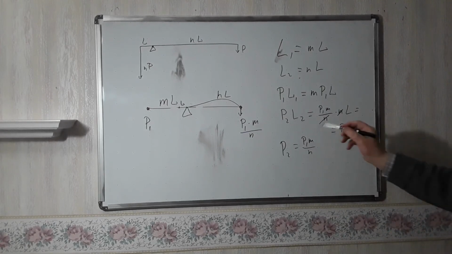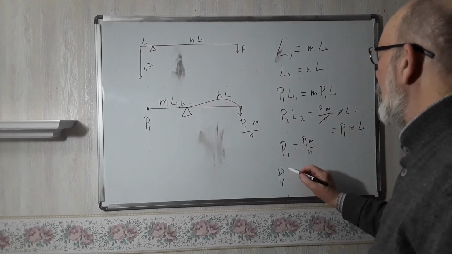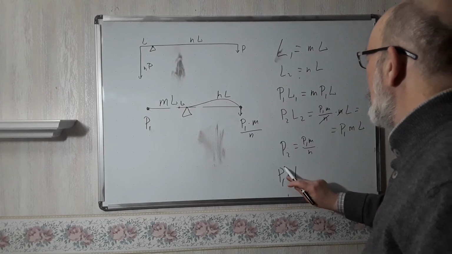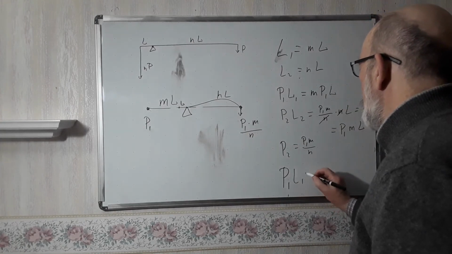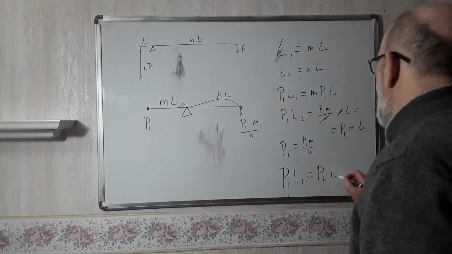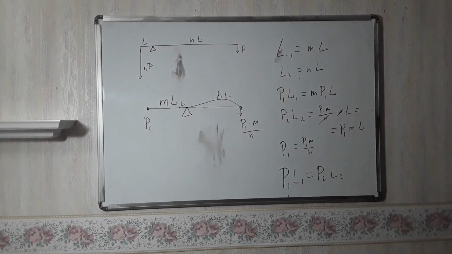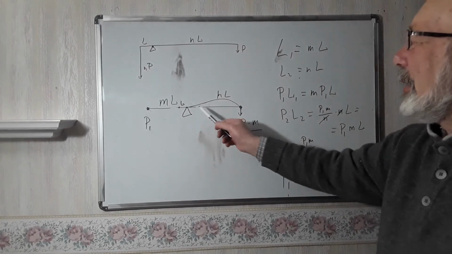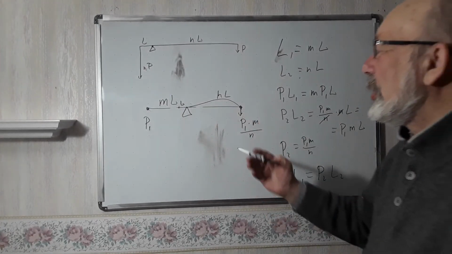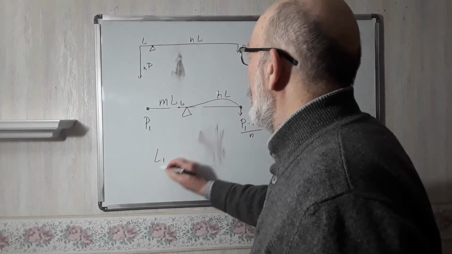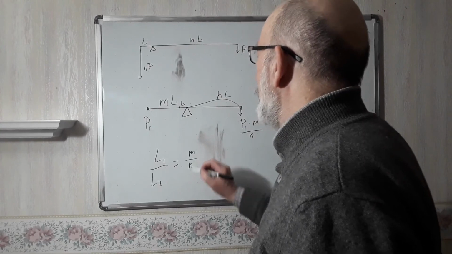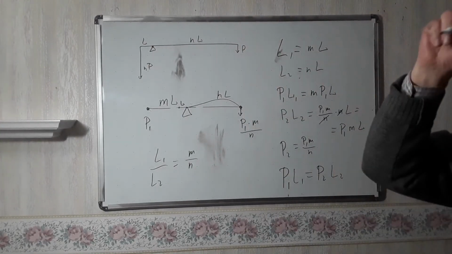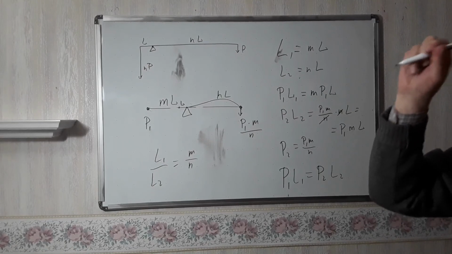So this means that P1 L1 equals P2 L2 in this case. So even when the lengths are in rational relation, L1 divided by L2 equals M divided by N, in this case the Archimedes law is also proved.